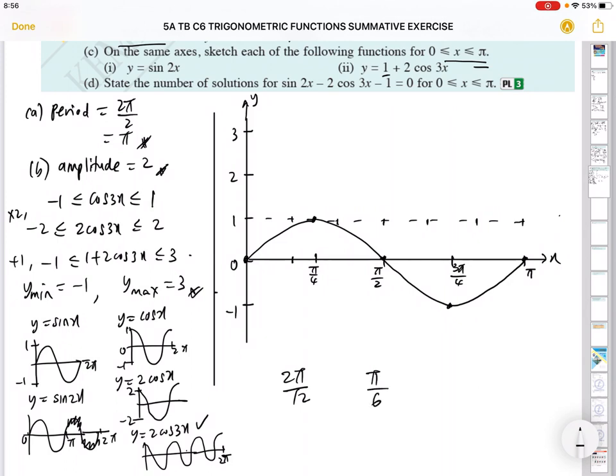If you take pi over 6 times 2, you get pi over 3, right? Then pi over 6 times 3, you get pi over 2, which is exactly the same as here. Then times 4, you get 2 over 3 pi. Pi over 6 times 5, you get 5 pi over 6. So this is how I subdivide everything. If you cannot quite understand pi, you can think 180, divide by 6, 30. 30 is pi over 6. Another way of thinking.